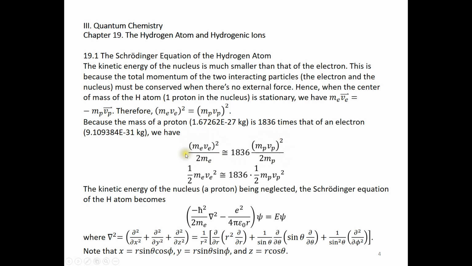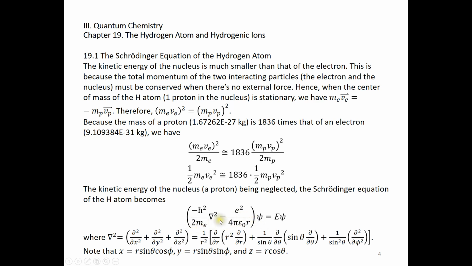So now you can see from this equation, the kinetic energy of the electron is 1800 times the kinetic energy of the proton. Therefore, the kinetic energy of the nucleus, in this case for the hydrogen atom a proton, can be neglected, because the kinetic energy of the nucleus is always much smaller than the kinetic energy of the electrons. Now the Schrödinger equation can be approximated to include only the kinetic energy of the electron and the attraction the electron feels.